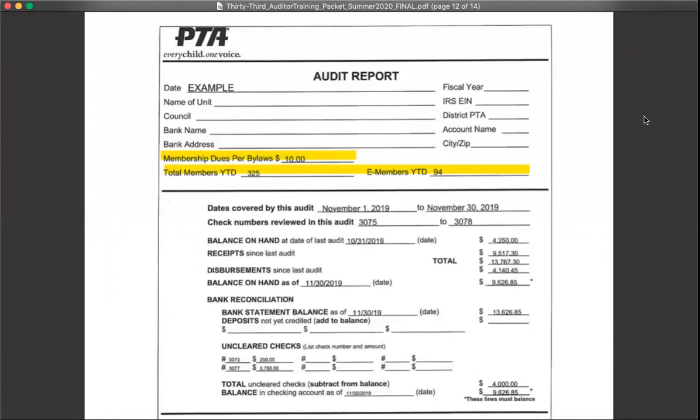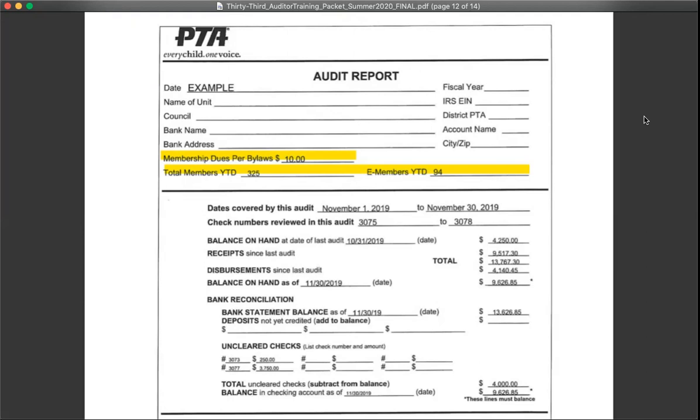State assures us that our EIN numbers are public record, so please enter your IRS EIN number so that we know, as we're reviewing them, whether it's at the council or at district, that you are aware of your correct EIN number. We have had instances where auditors have completed audit reports using a different name other than the legal name of the unit. And we want to assure that the auditor is auditing the books and the books have the right EIN number.